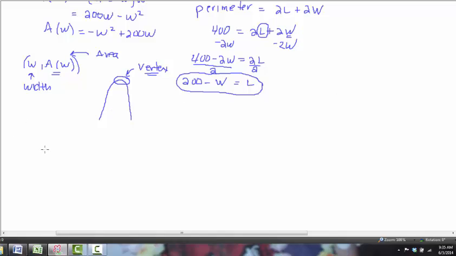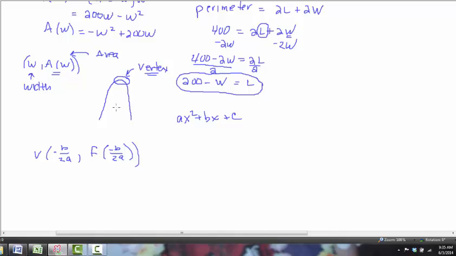So remember, the easiest formula for vertex is to find negative b over 2a for the x coordinate, and then f of that value for the y coordinate. Remember, these numbers come from the quadratic when it's in standard form, so that's ax squared plus bx plus c.